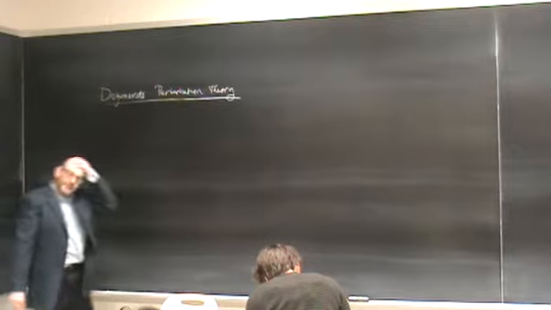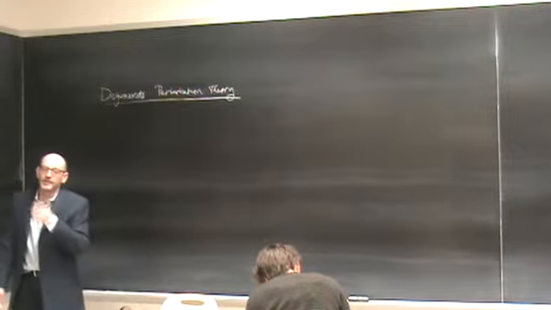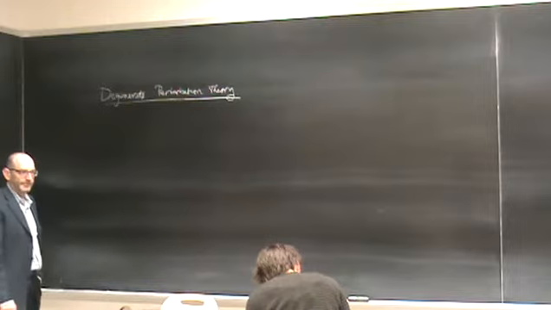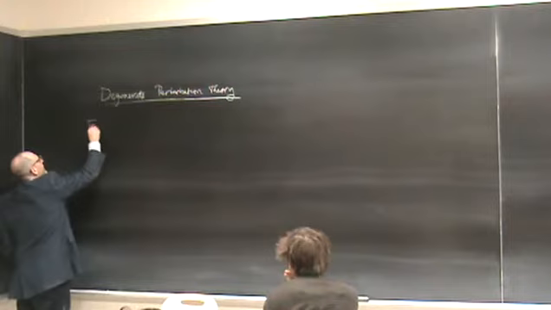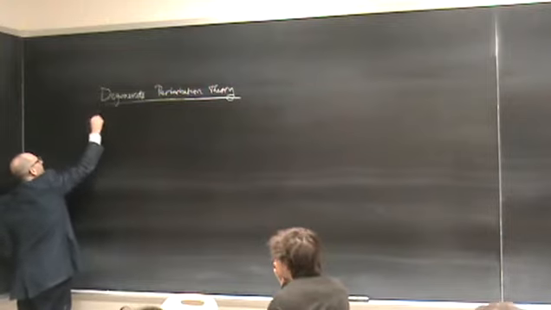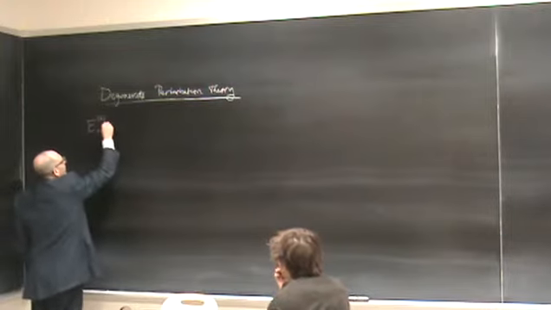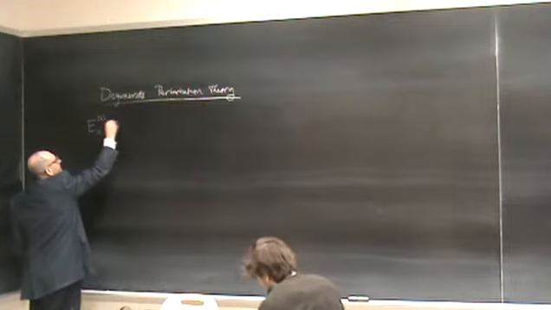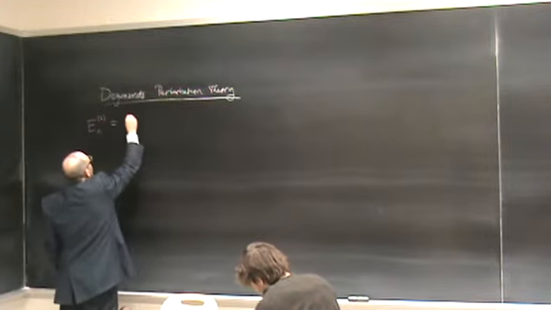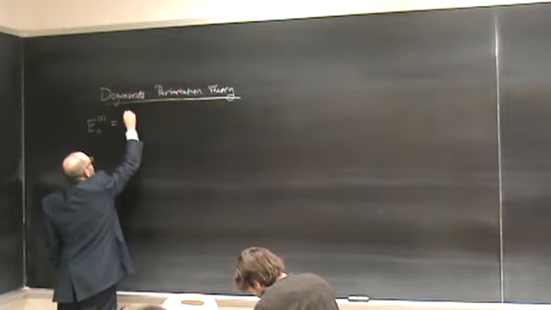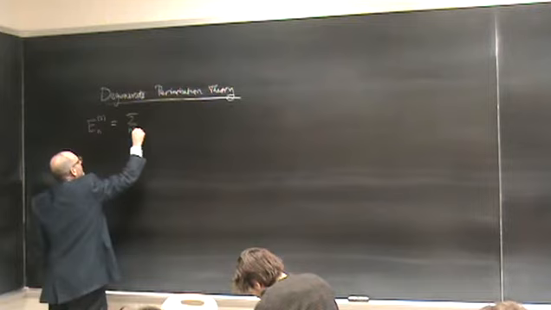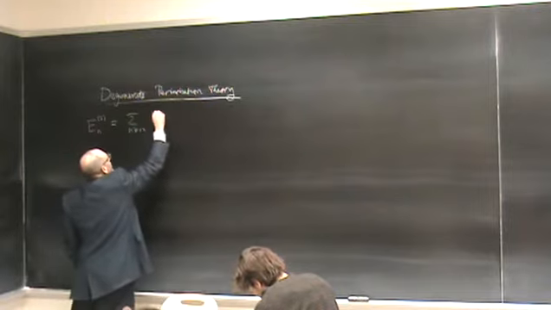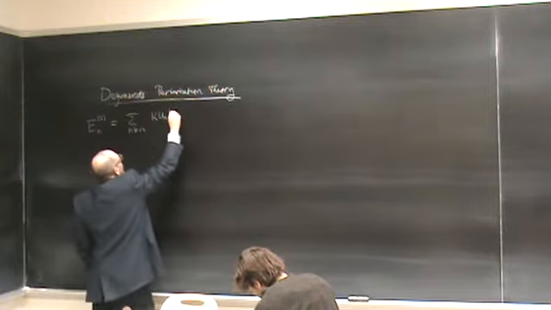So we got into trouble here because of the energy denominators, right? So we've seen in second order, for a given level here, the energy shift we wrote like this.